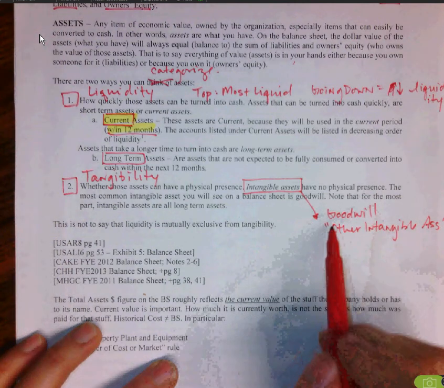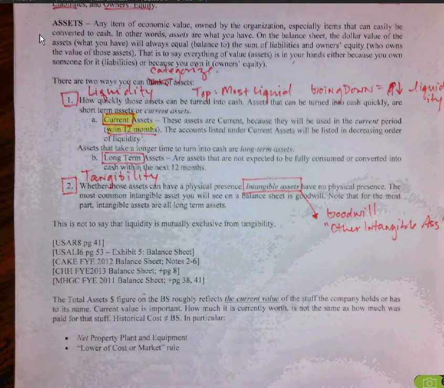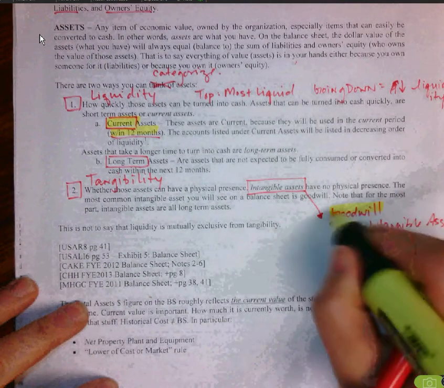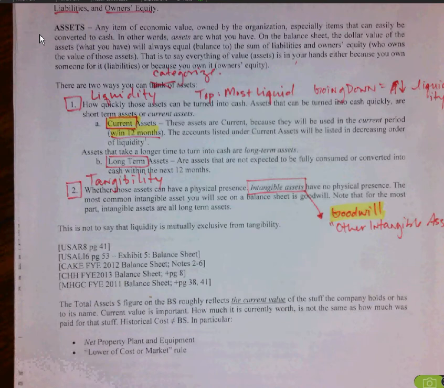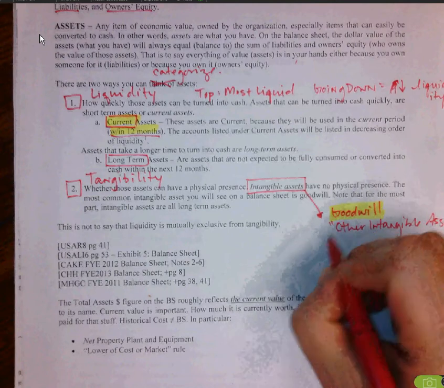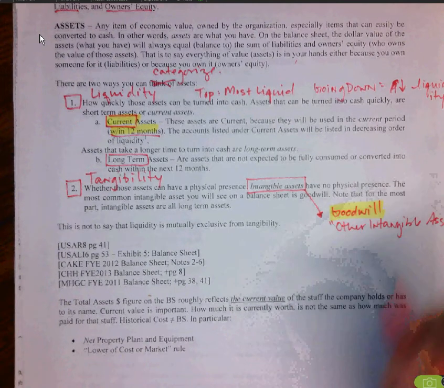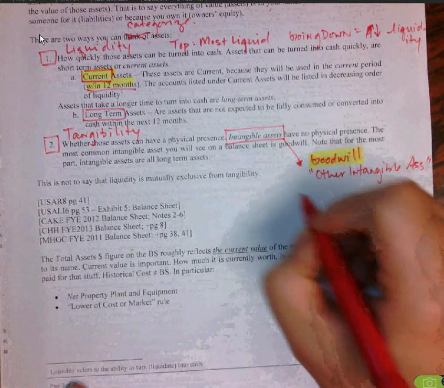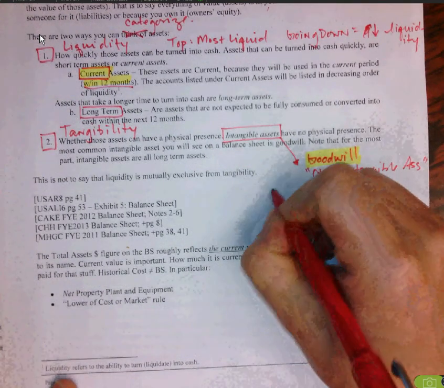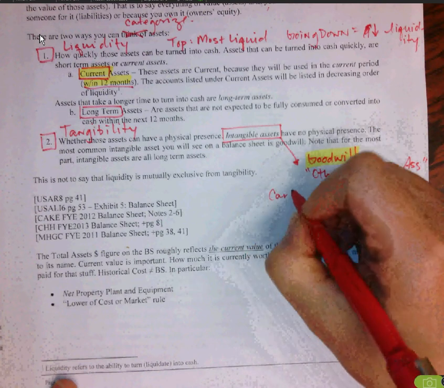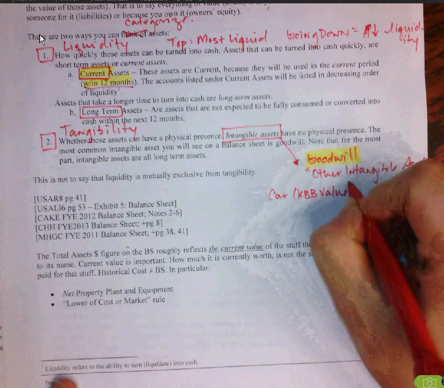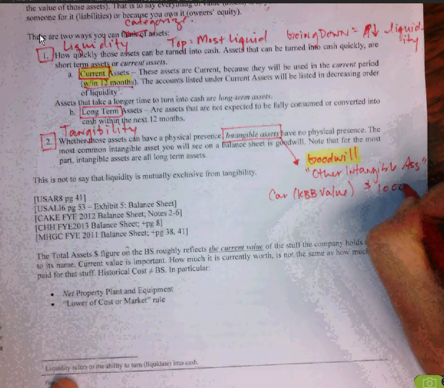Whenever you see goodwill on the books, it is just an indication that a company has bought another asset or another company and has overpaid over book value for that asset. Let me give you an example. Let's say I have a car, and the KBB, the Kelley Blue Book value, says my car is only worth $1,000 because it's old.